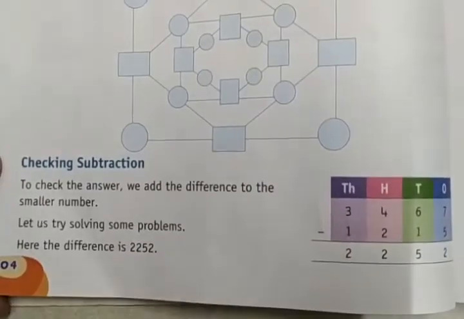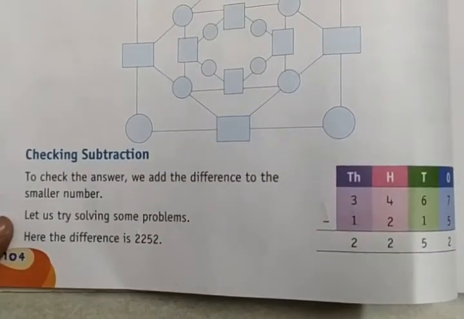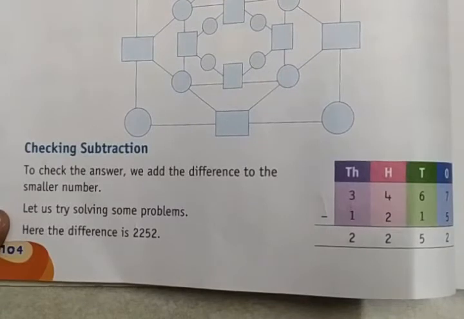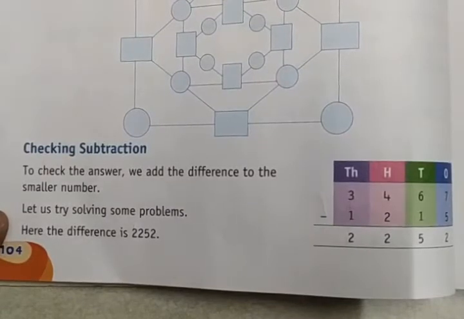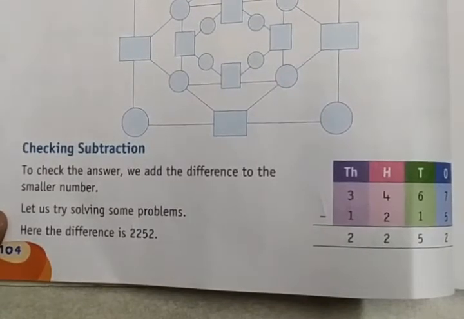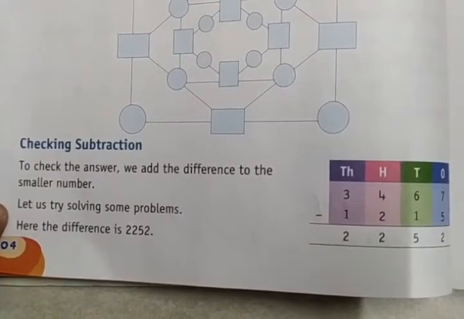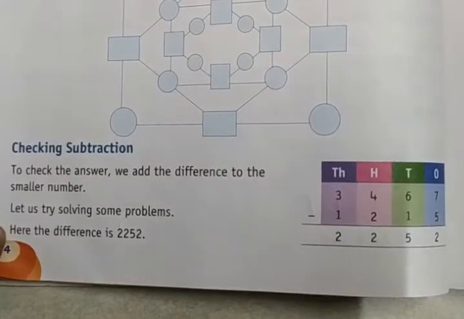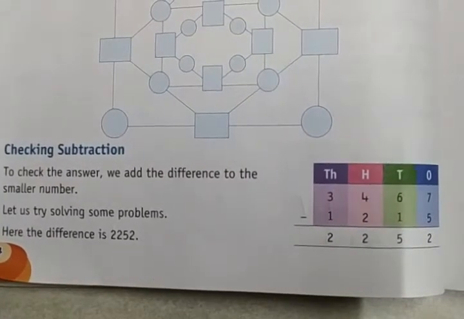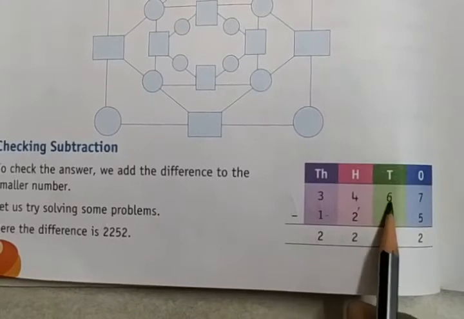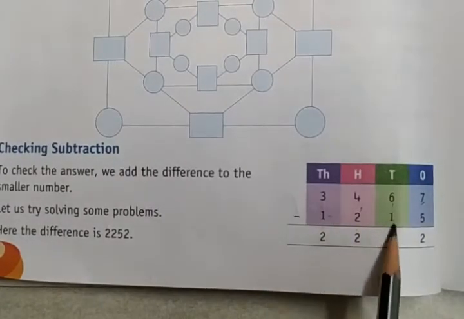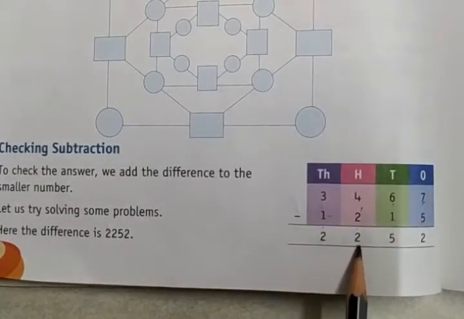Clear. Checking subtraction. To check the answer, we have to add the difference to the smaller number. Let's try to solve the problems. Here the difference is 2252. So 3467 minus 1215 is equal to 2252.